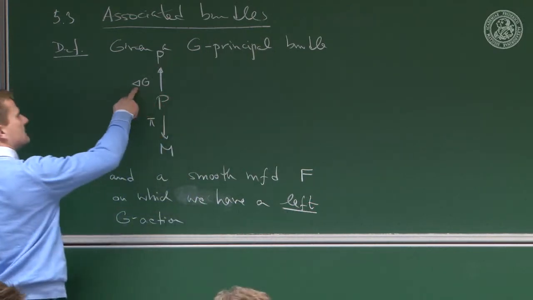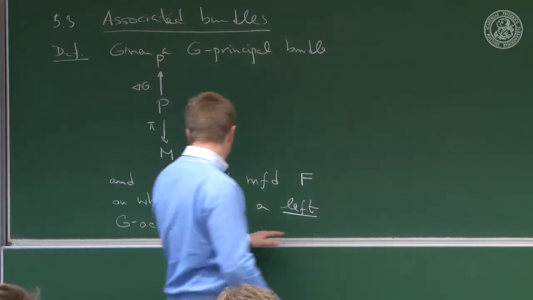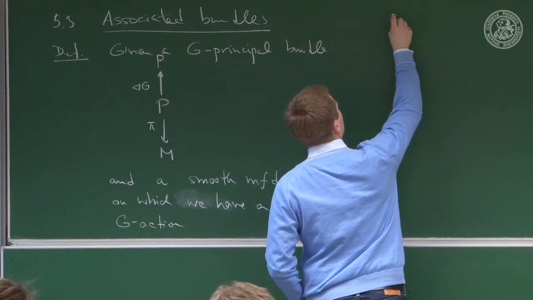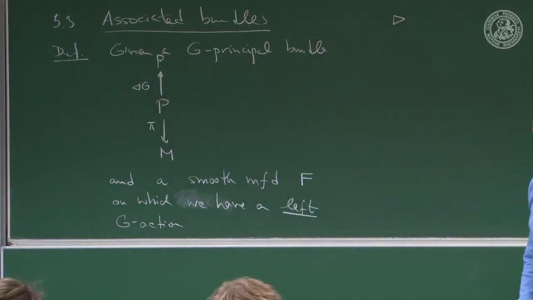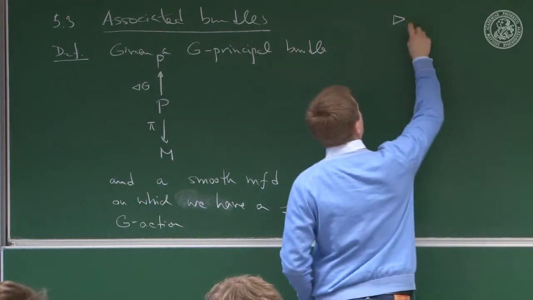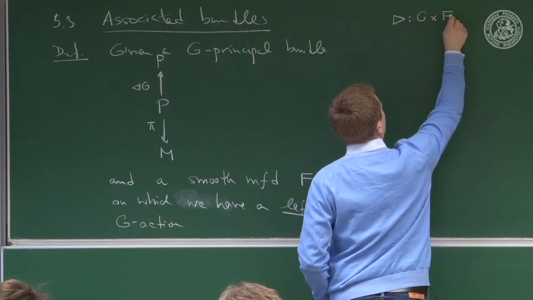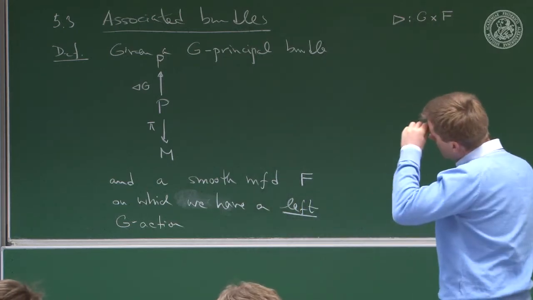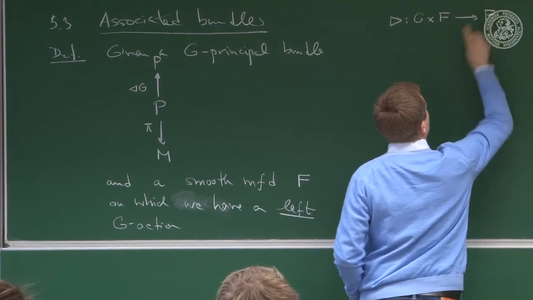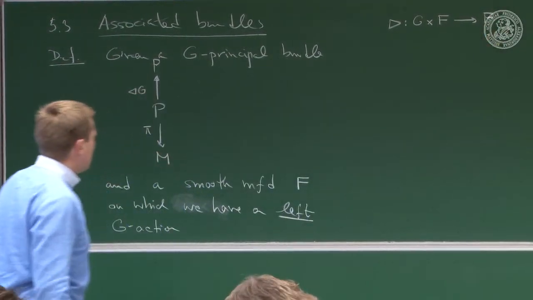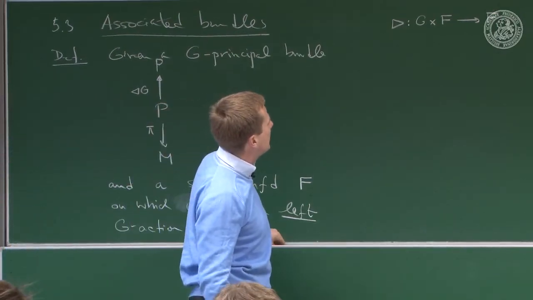Here we use the right G action on the total space of the principal bundle, but now we consider a left G action, so I use a symbol that looks very similar but points to the other direction. It's a totally different map. It takes a G and an element of this new smooth manifold F and takes it to F, and it is a left G action with the properties that this action had.